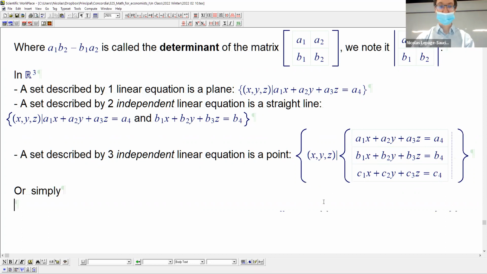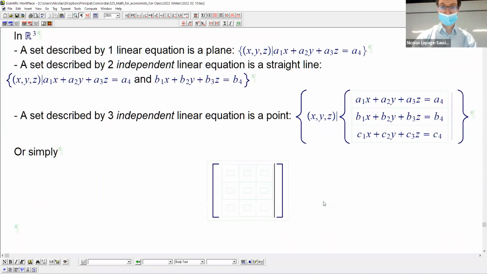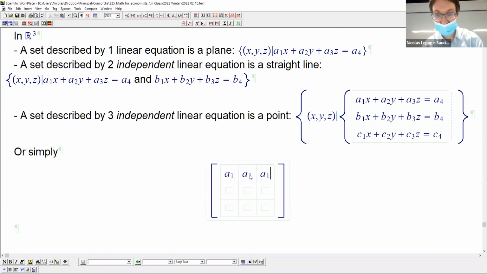So let me write it in matrix form. P1, 2, 3. P1, 3.